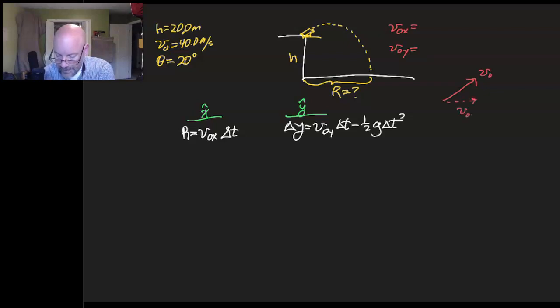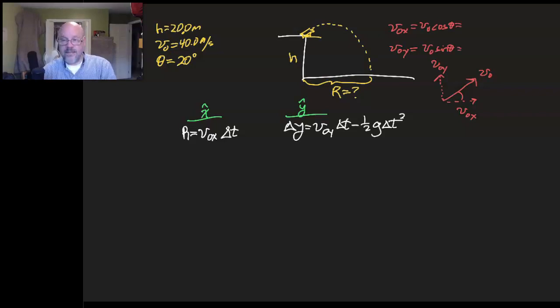Here's my V naught X, and then I've got this bit here, which is my V naught Y. You can see the V naught X is going to go as the cosine of my angle, and the V naught Y component will go as the sine of my angle. So up here I'm going to have V naught cosine theta, and here I'll have V naught sine theta.